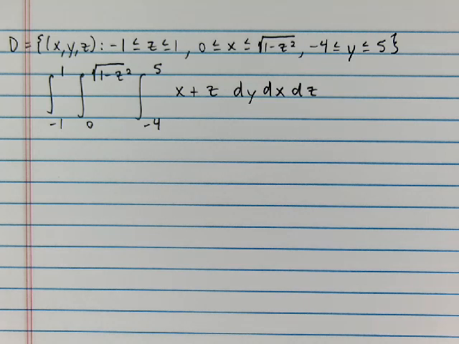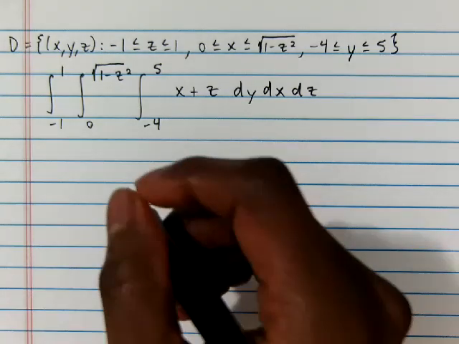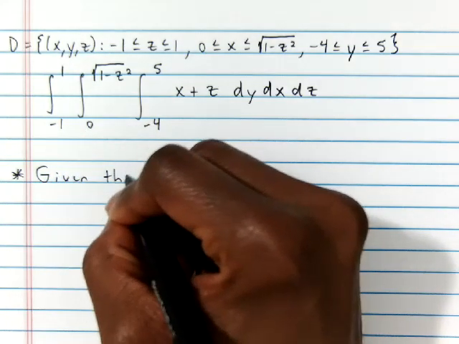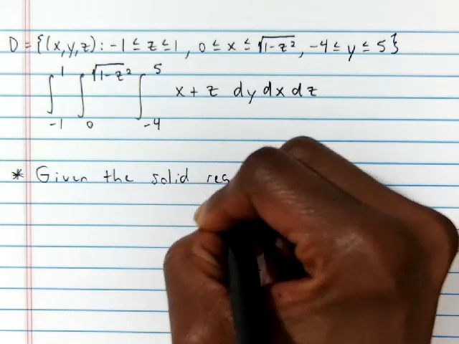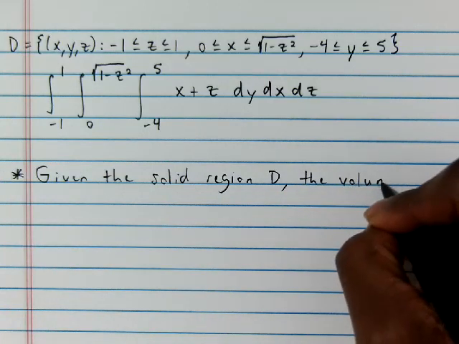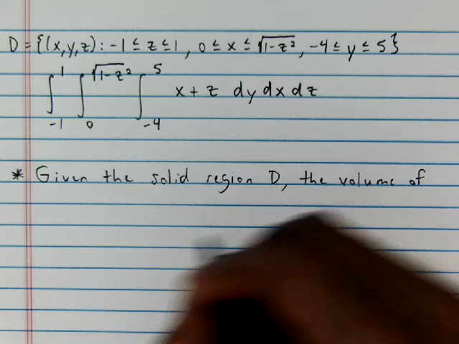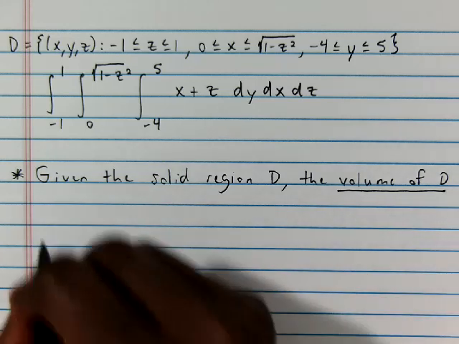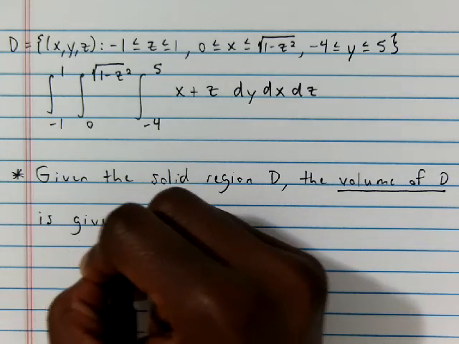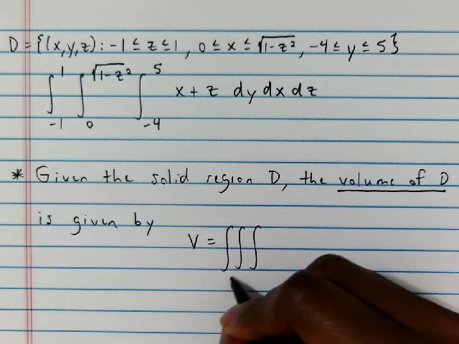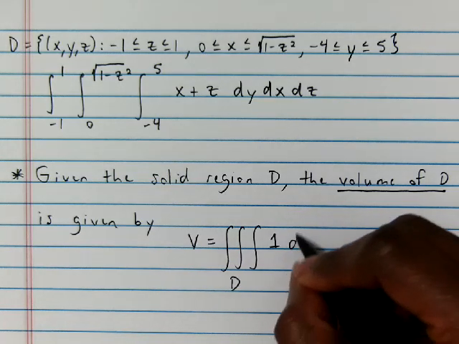All right, so one last note for this section that you'll need to know is, given the solid region D, the volume of D is given by V equals the triple integral over D of 1 dV.